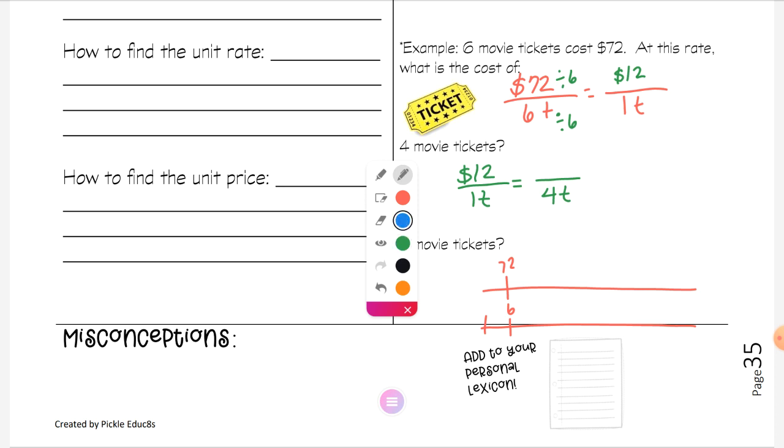I'm going to box this in so we know this is the number we're looking for. How do I get from 1 to 4? Times 4. What's 12 times 4? 48. So then somewhere it's $48 for 4 tickets.